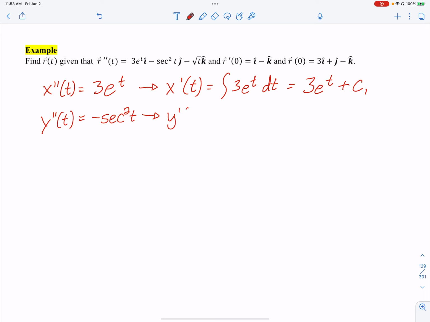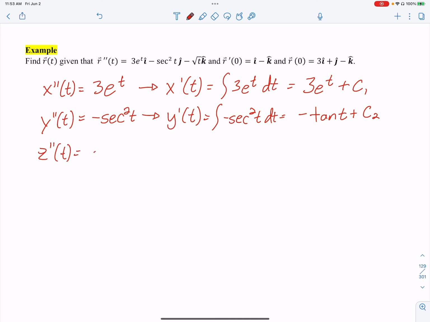So y prime is equal to the integral of that function. If you remember that, that is tangent with a negative. So we get negative tangent t plus c2.